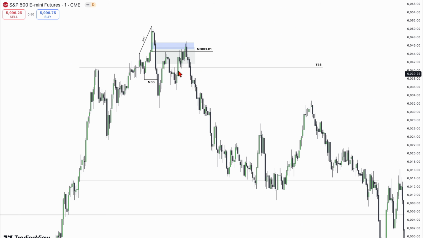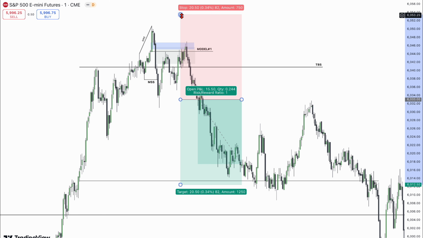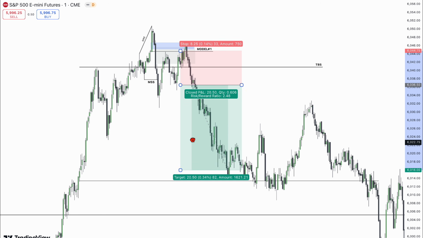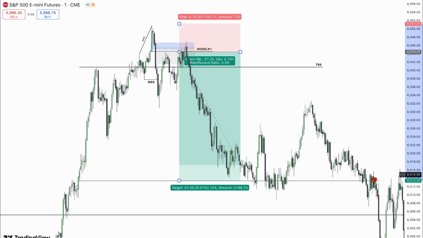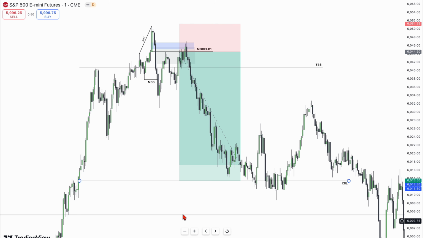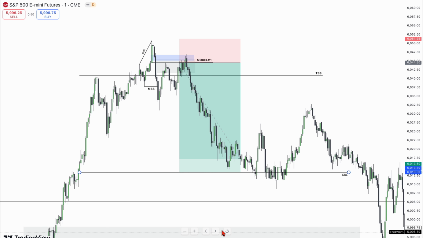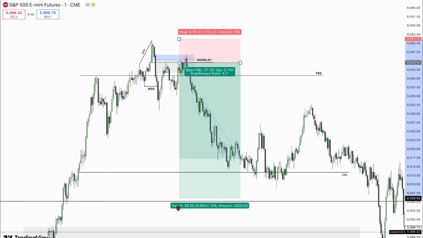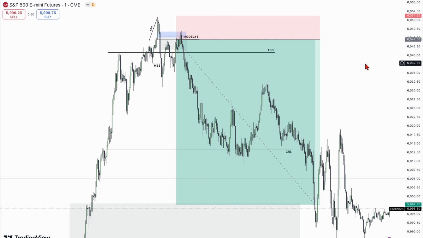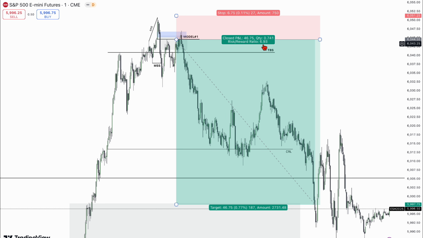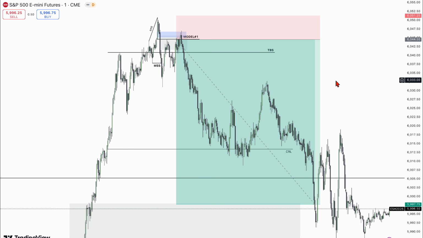So, we enter a sell trade here, placing our stop loss just above this swing, and target either the opposing end of the CRT or the 15-minute internal range liquidity. The price has hit both targets and offered a 6.93 RR trade.